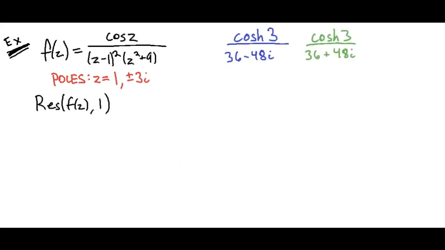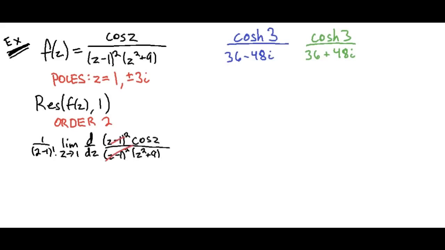Now at last, we find our residue at z equals 1. Since the pole is order 2, we're going to be taking the derivative and also multiplying by 1 over 1 factorial, which is just 1. When I'm writing this out, I'm going to leave the term in our denominator as z squared plus 9, since it will be easier to work with.